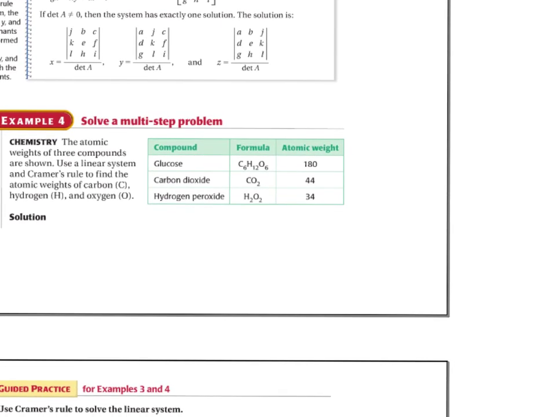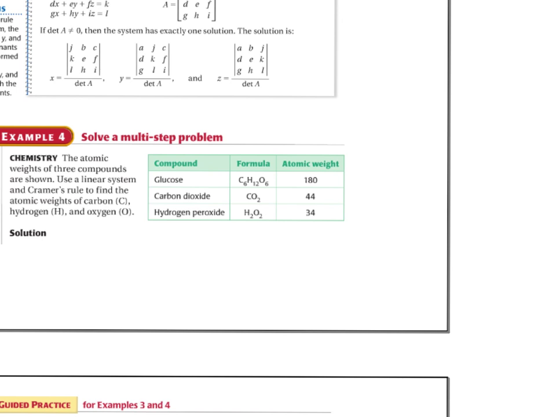All right, let's move on to H, and we'll find our value for H. H equals, and we know our determinant in the denominator is negative 36. In our numerator, we write our C values in the first column, which is 6, 1, and 0. We replace our second column values, our H values, with the constants, 180, 44, and 34.